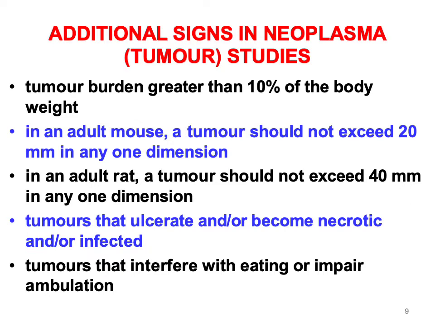In an adult rat, a tumor should not exceed 40 mm in any one dimension. Tumors that ulcerate and or become necrotic and or infected, and tumors that interfere with eating or impair ambulation. So these are also endpoint signs.